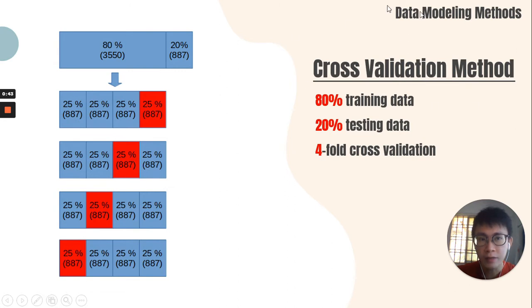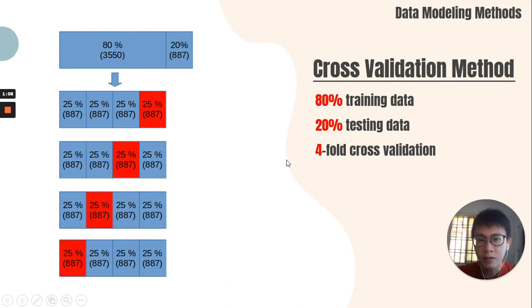Then the cross-validation method that we will be using is four-fold cross-validation. First, we will split our data into two parts. One is 80% training data, 20% testing data. Then we will do four-fold cross-validation on the training data when performing the hyperparameter tuning.